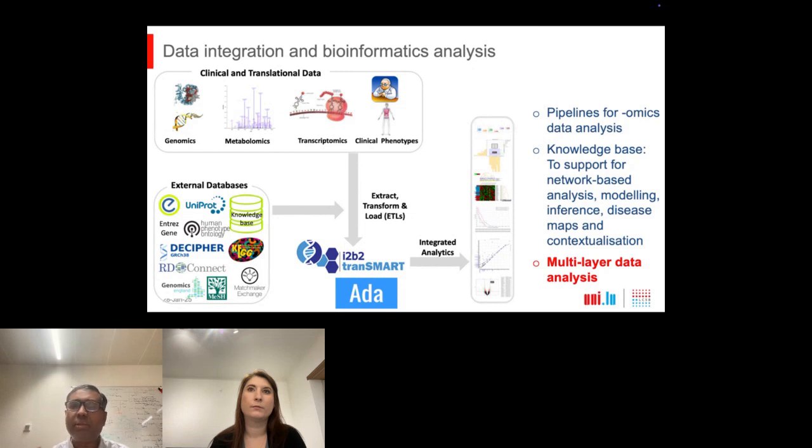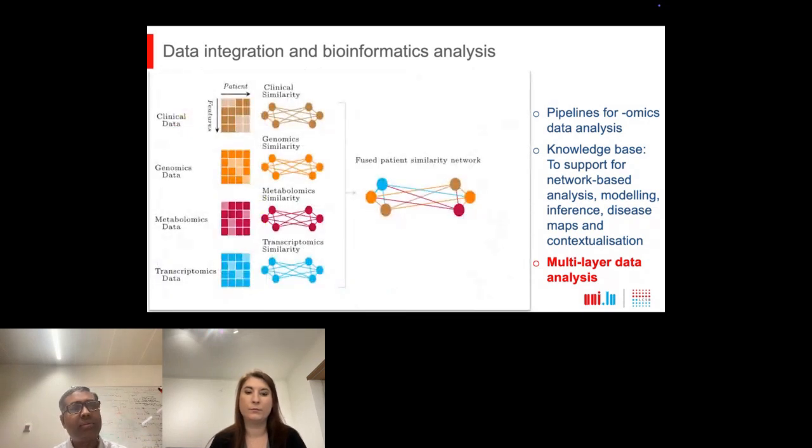So here we build the pipelines for omics analysis, and the knowledge base to support network-based analysis, modeling, and disease maps, and contextualization, and so on. And the other thing, not only analyzing the single layer, we also do what we call multi-layer data analysis. Take for example SNF, similarity network fusion, or MOFA methods.